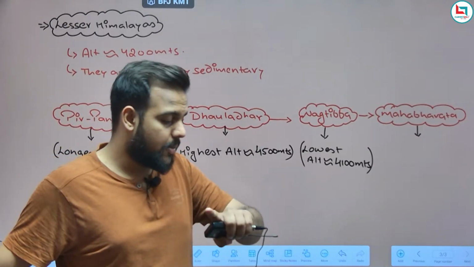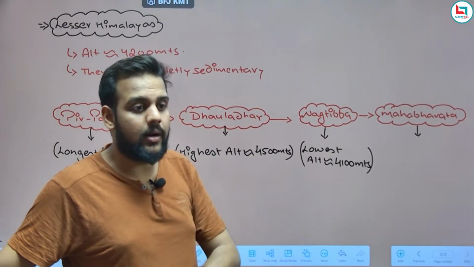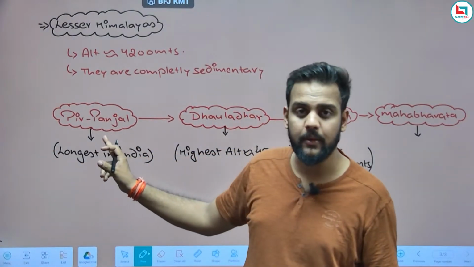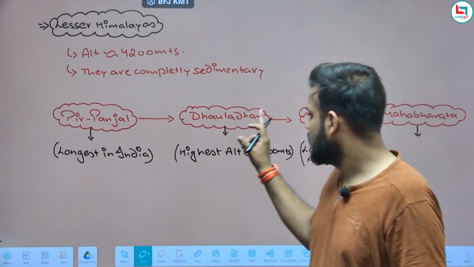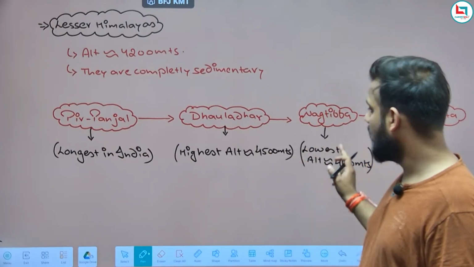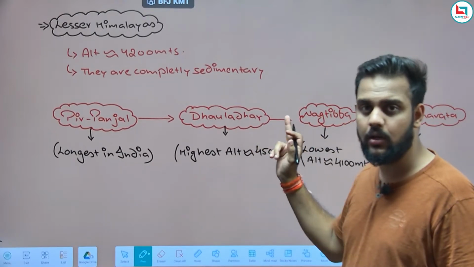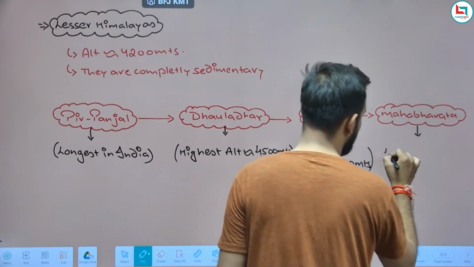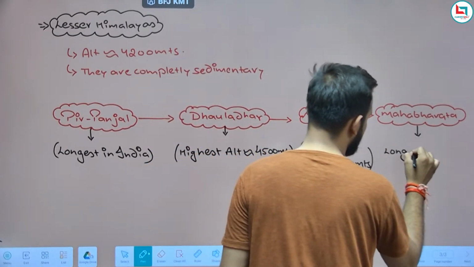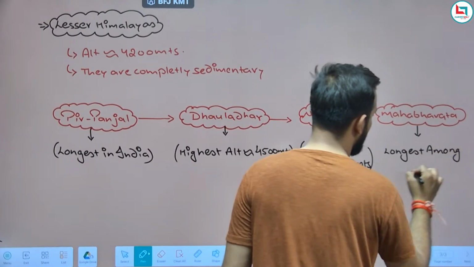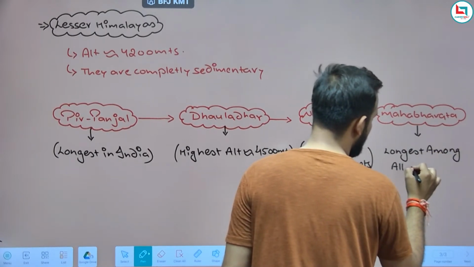Remember this, Mahabharata is longest among all four, but longest in India is Pir Panjal. Dhauladhar is highest among all four. Nagatibba is lowest among all four.